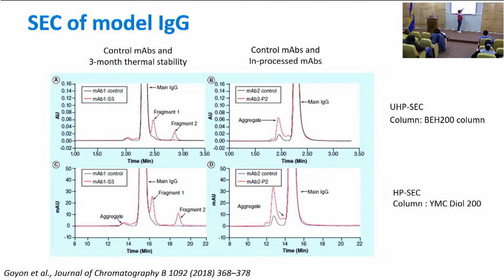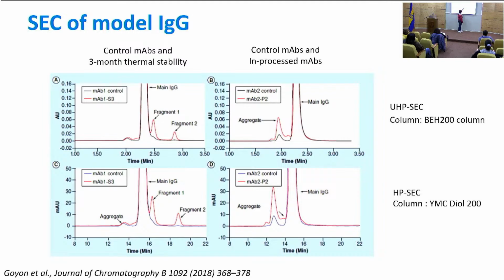In this case, they control the MAB during the process of production. So the first MAB was a control MAB, properly processed, but you can see anyway in MAB 2 that you still observe the small aggregate, but the level is important. I'm not sure here that it will be okay for the quality control test.